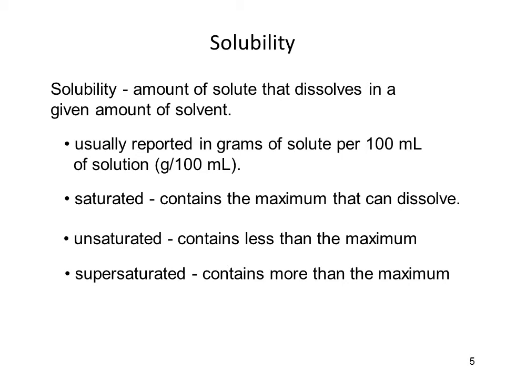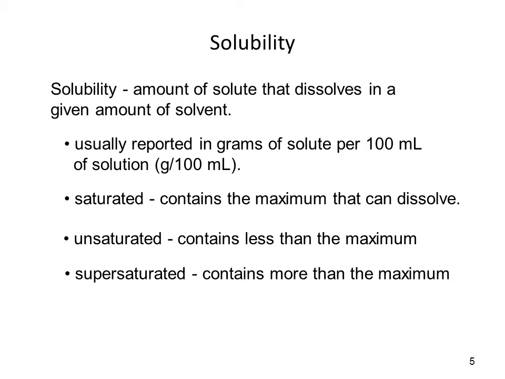Now, when we do look at concentration, not solubility, but concentration, we will be looking at the amount of solute in the solution, not in the solvent. There are three terms that we use in describing the concentration that are very loose terms. There are saturated, unsaturated, and supersaturated.